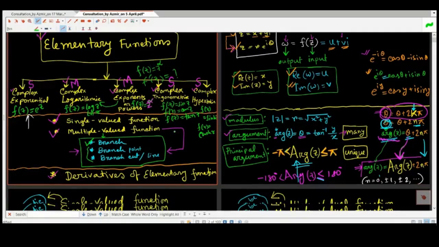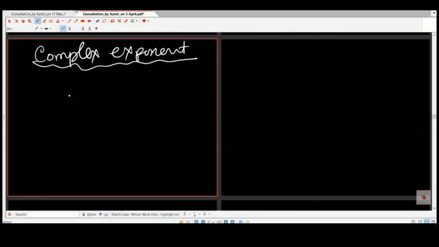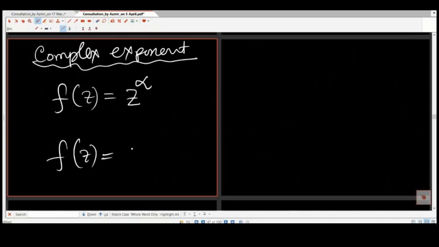So let's talk about complex exponents. Complex exponents or complex powers are defined as f of z equals z to the alpha. We also have to know the alternative notation. In some textbooks, we will see it written as z to the c. Here, z is a non-zero complex number, and alpha or c is also another complex number.